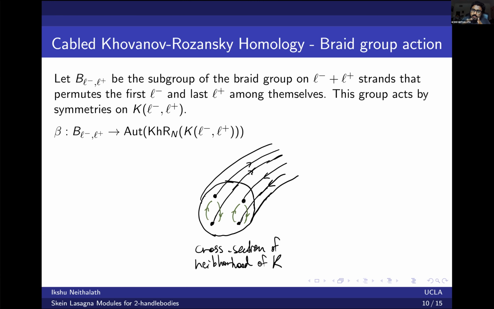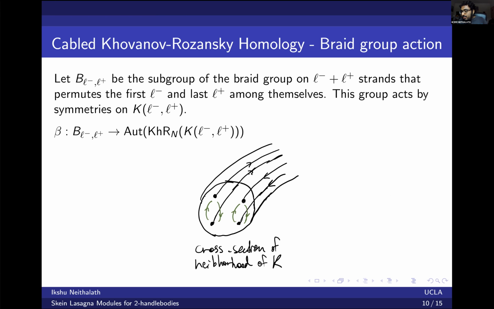So if you'd like, you can just think of this as a symmetric group action or action of the product of 2 symmetric groups. But for the sake of this talk, I'll just call it a braid group action. Hopefully in some revision to this paper, we maybe make some kind of comment on how this actually factors through the symmetric group.